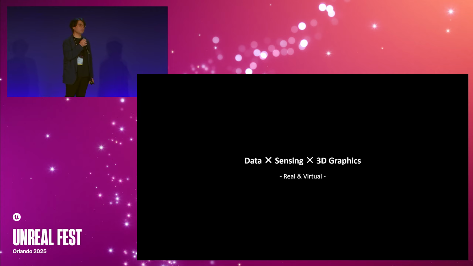It means we strongly would like to make a kind of bridge between the real world and the virtual world. But to realize that, we needed to have three technology keywords. One is data. Second one is sensing. Third one is 3D graphics.